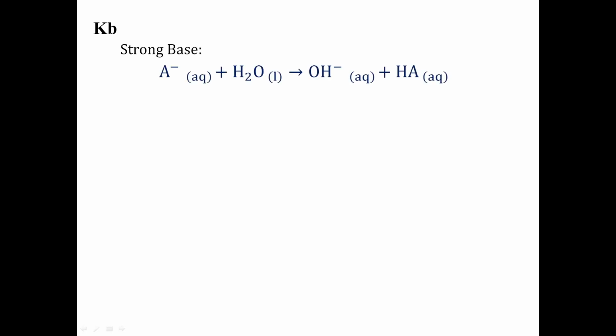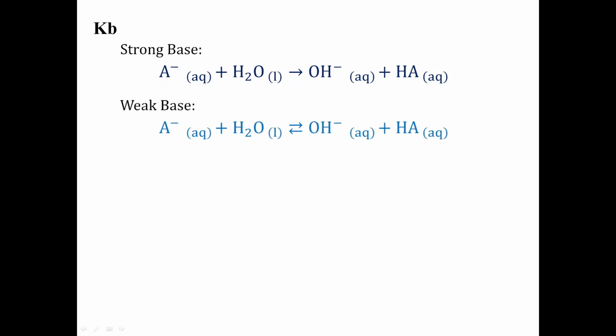We can also look at a basic reaction where we have Kb as our equilibrium constant. If we have a strong base, we follow the general formula of our base plus water yielding OH minus plus our conjugate acid. Again, for strong bases this fully dissociates, so it's just a forward reaction.